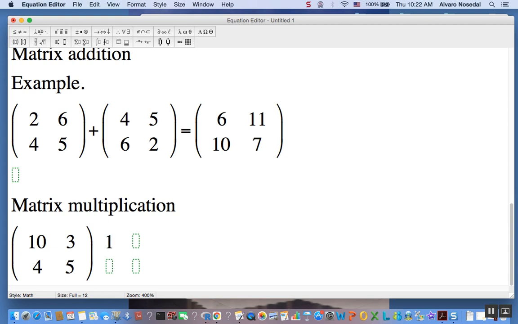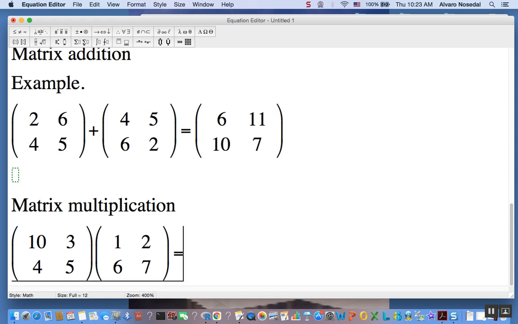Then 1 and 6, 2 and 7. So as I said, the idea is first you multiply the values of one row by the values of the column of the other matrix. Make sense? So here we go.